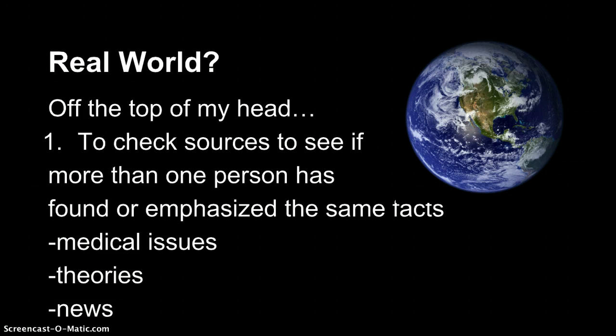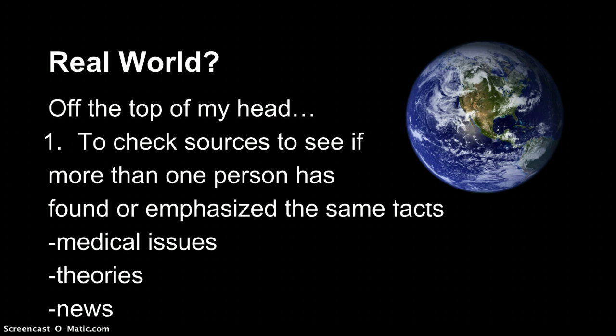You can see that my slide has cut off facts there, so it says tax, but that's supposed to be facts. When more than one person says something, you typically start believing it. Like if you read 5 articles about whatever, and all 5 authors point out the same things, you're going to probably think that that's pretty credible or believable.